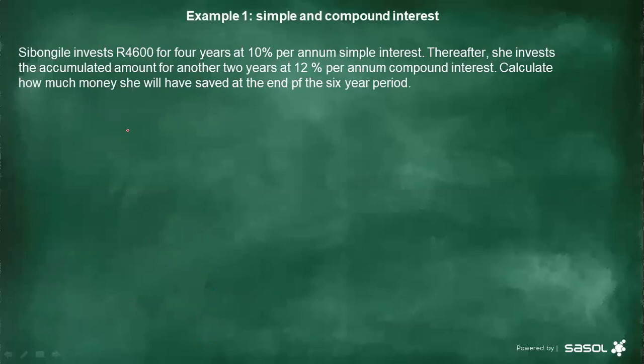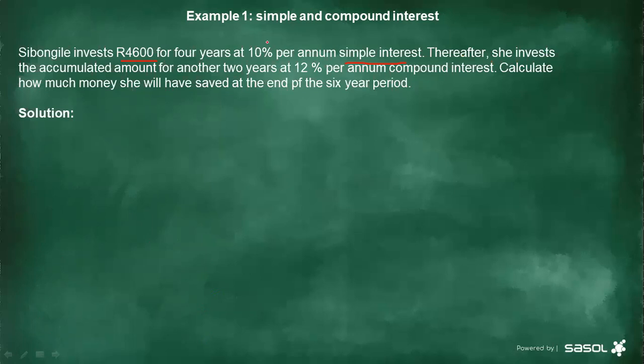Now let's study this scenario and try to answer this. Sibongile invests 4,600 for 4 years at 10% per annum simple interest. You can see 10% per annum for simple interest.